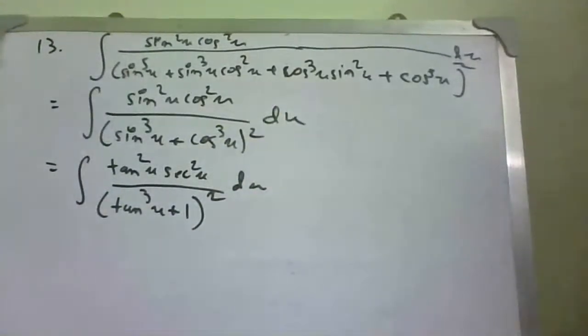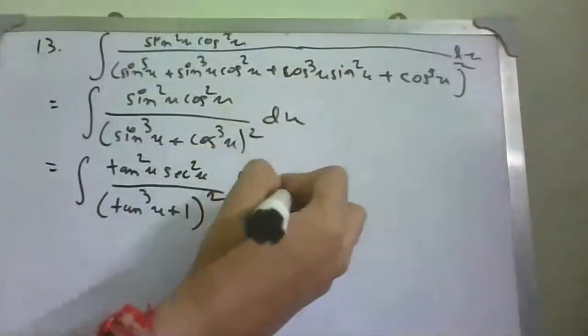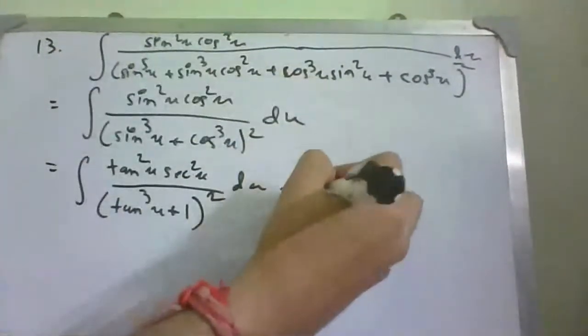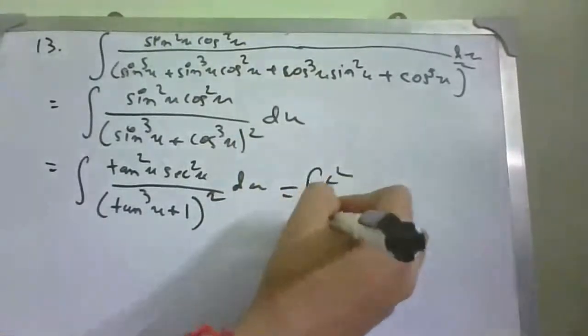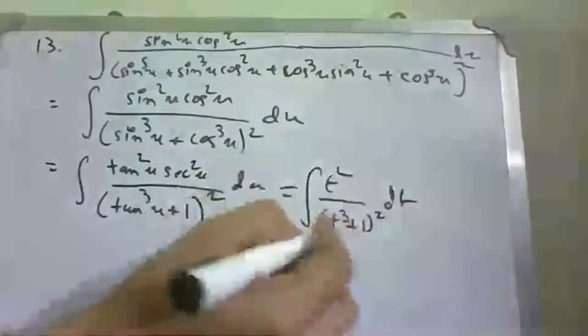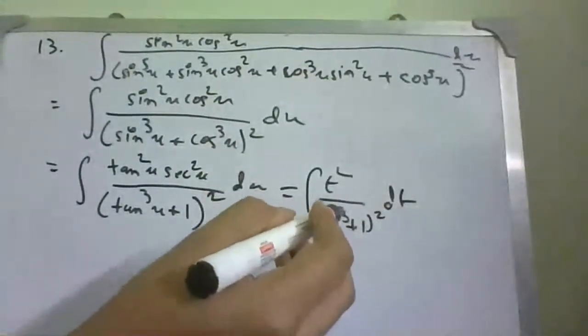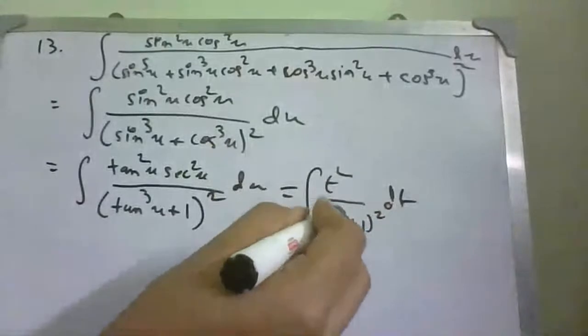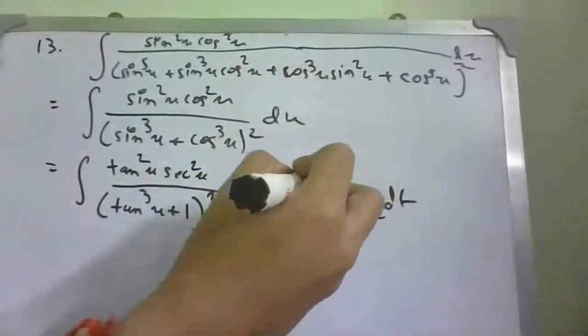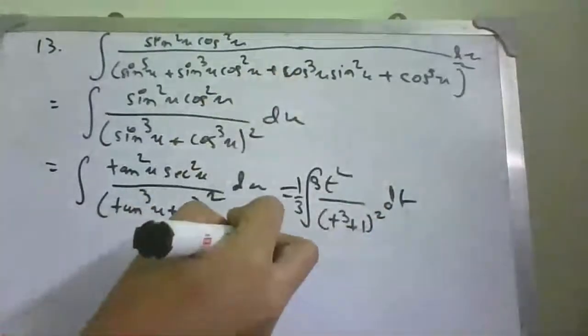Okay, pretty trivial. Now we just need to solve this. We can assume that tan x is some t, so we can see that t square over t cube plus 1 squared dt. If we assume t cube as another variable p, and differentiate t cube, we will have 3t squared. So just divide the numerator by 3 and multiply by 3.